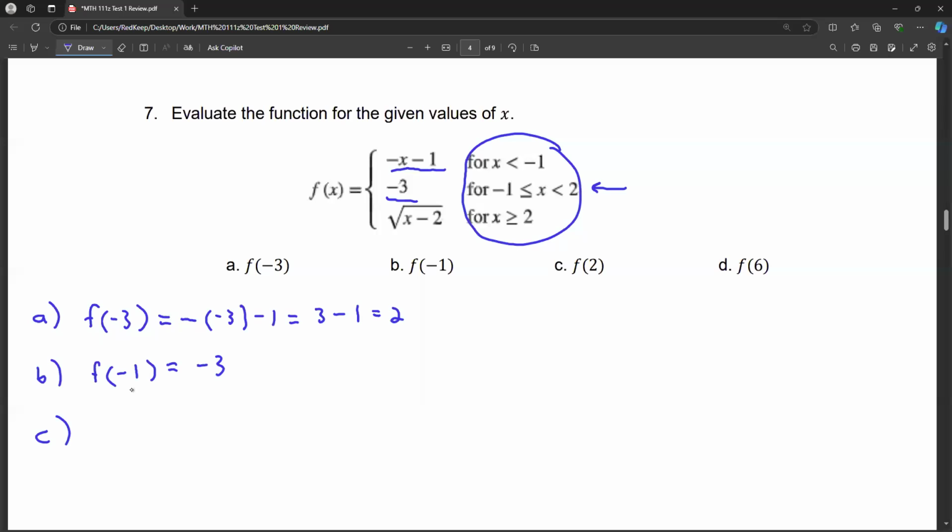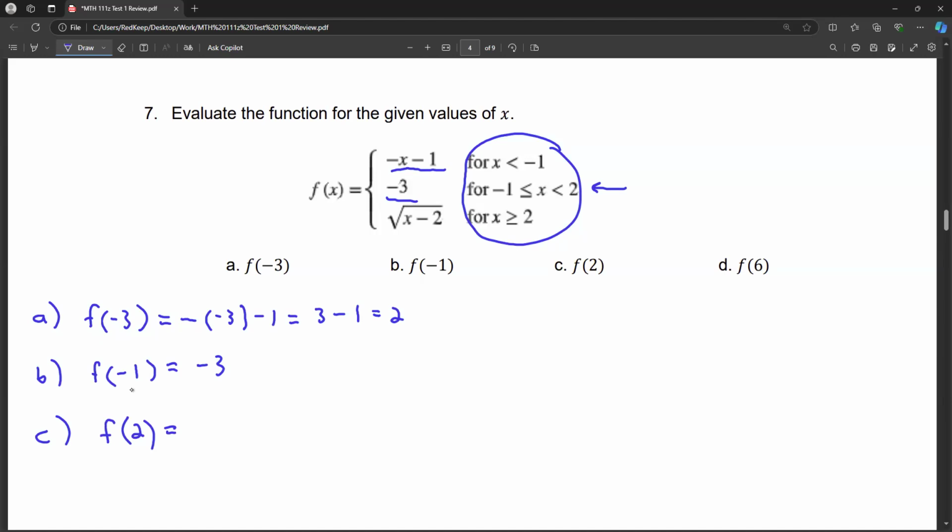Part C, they're asking us to find what f of 2 is. And so we start by looking at the right-hand side of our piecewise function to see where this x value of 2 lives. And it is the last function, right? 2 is greater than or equal to 2.